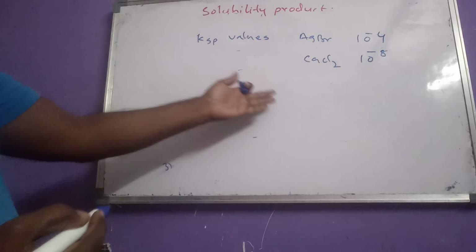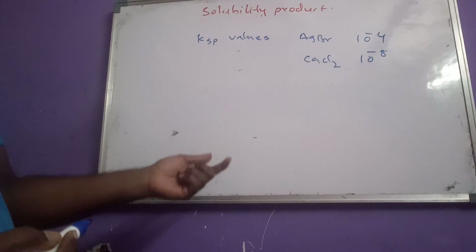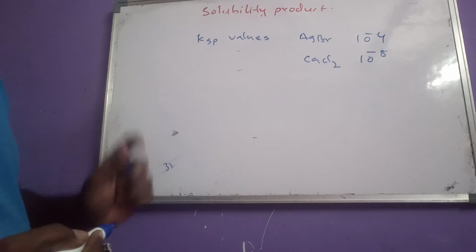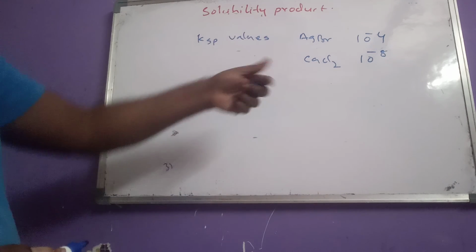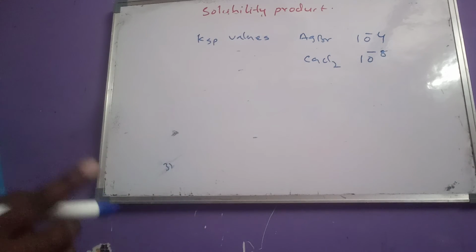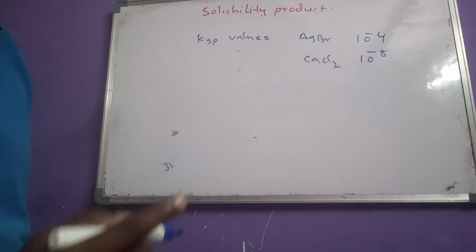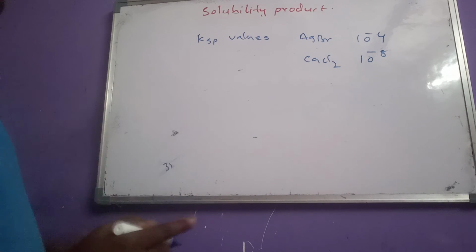These are the solubility product values of AgBr and CaCl2 in water. Now the question is, which is more soluble in water? Then what do we have to find here? We have to find out solubility.